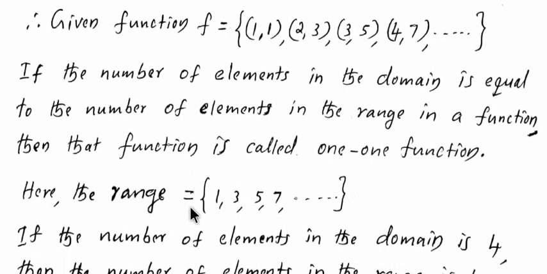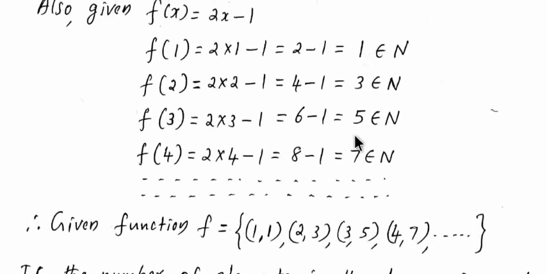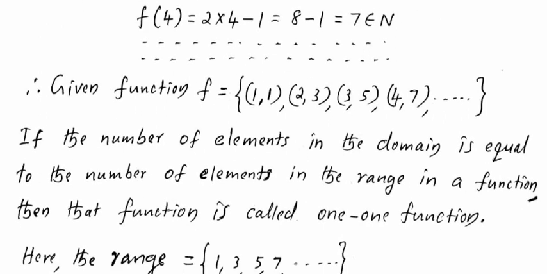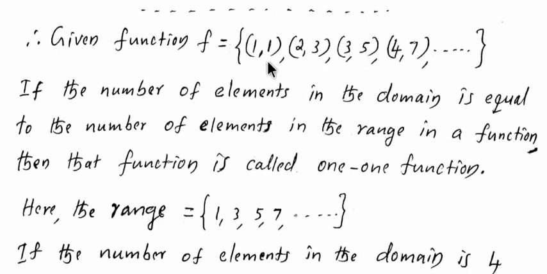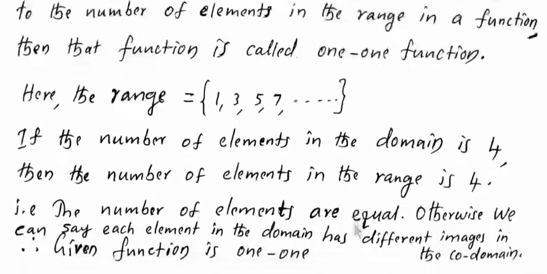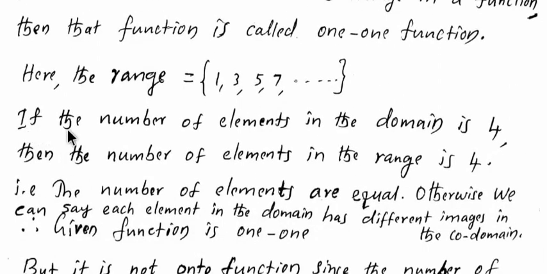The range is the set of second values: 1, 3, 5, 7, etc. Now, if the number of elements in the domain is 4, then the number of elements in the range is 4.